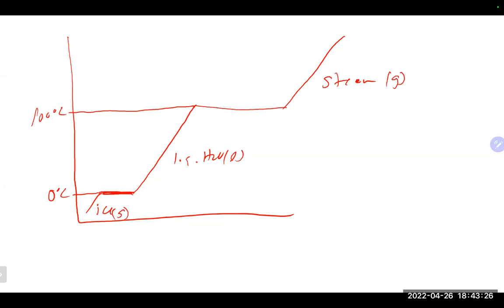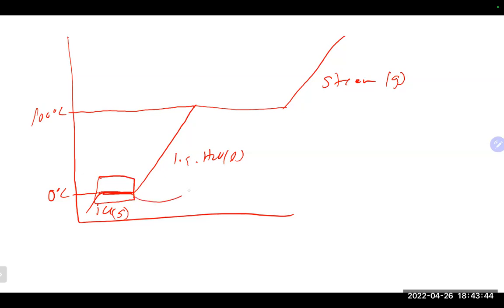Not until you get above 0 degrees Celsius do you get truly liquid water, and not below 0 degrees do you get ice. But dead on at 0 degrees is where the phase change occurs between solid and liquid. And there is a certain amount of heat required to do that change.